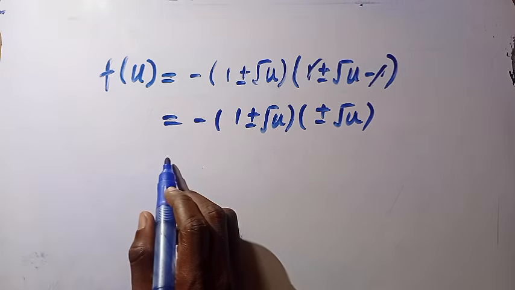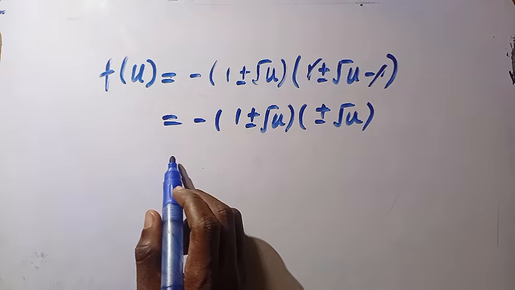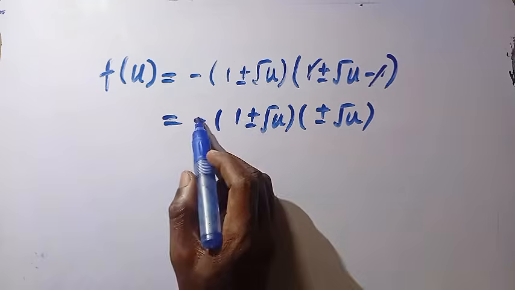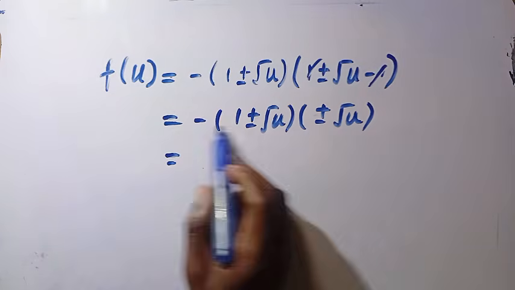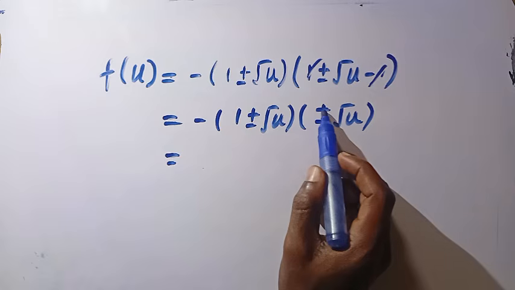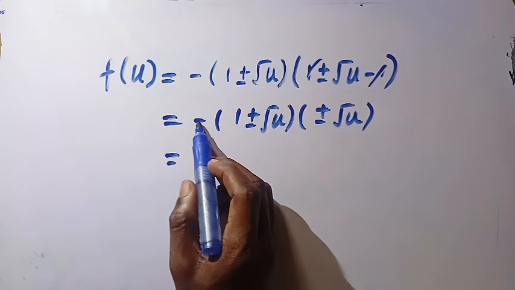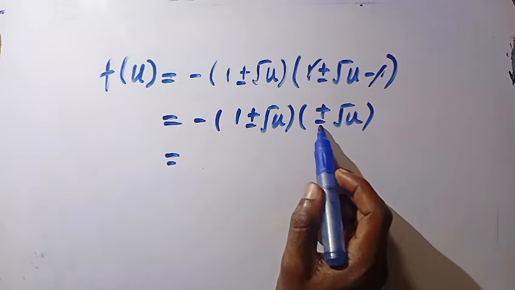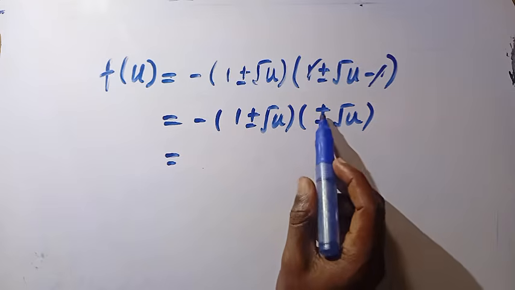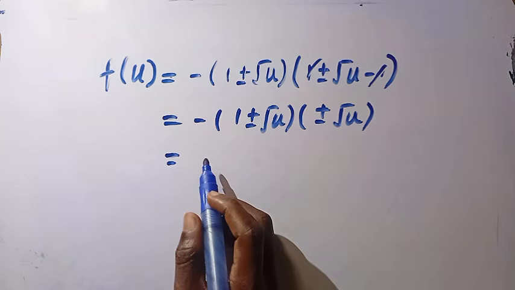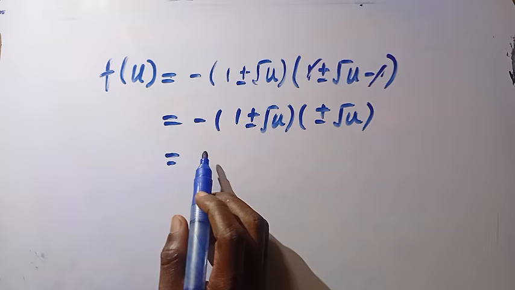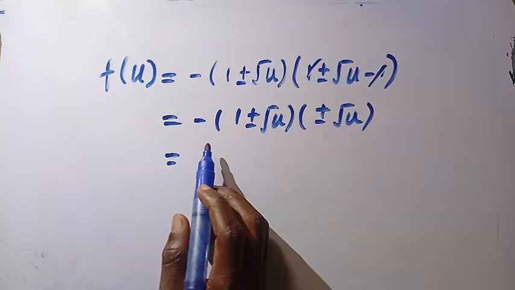And if I take the whole of this to this side, it becomes minus, we multiply plus, that gives us minus, and minus multiplied by minus becomes plus.